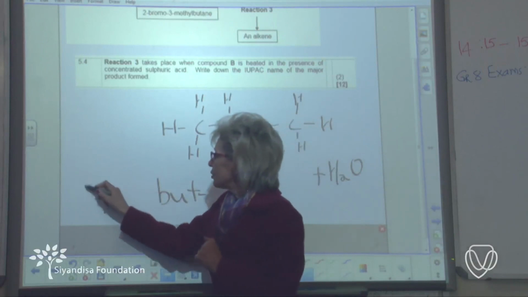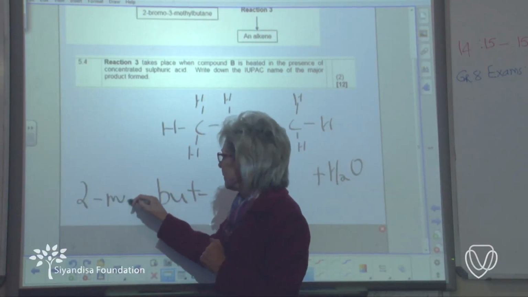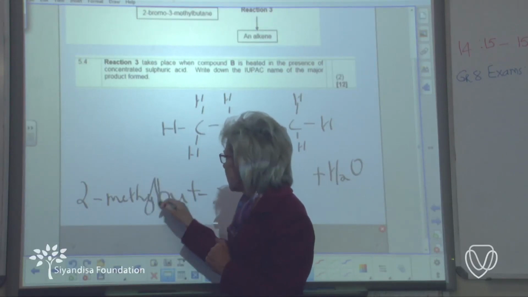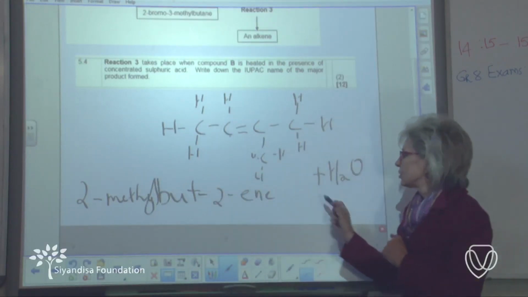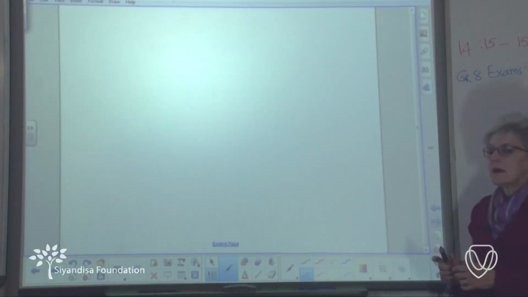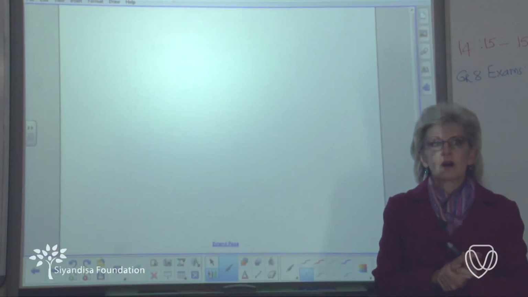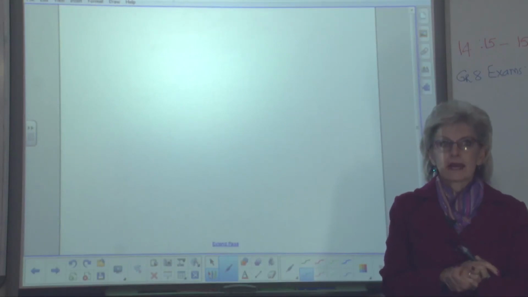So this will be 2-methylbut-2-ene, one word. Right, and that then ends our session on revision on organic reactions.